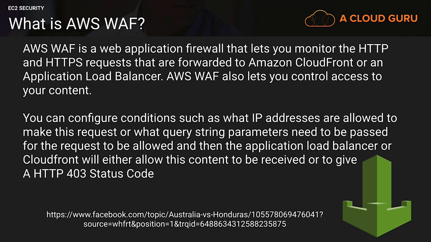So we can configure conditions inside our WAF so that we only allow people to view our web page if they've got the right query string parameters. If they don't, CloudFront or our application load balancer will say, no, sorry, you're not allowed to view this. So we can use WAF in that way.